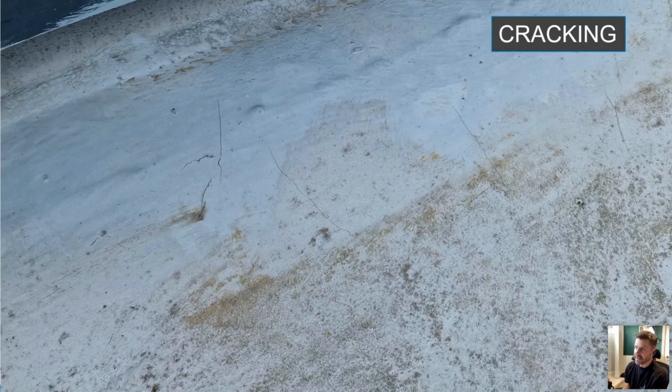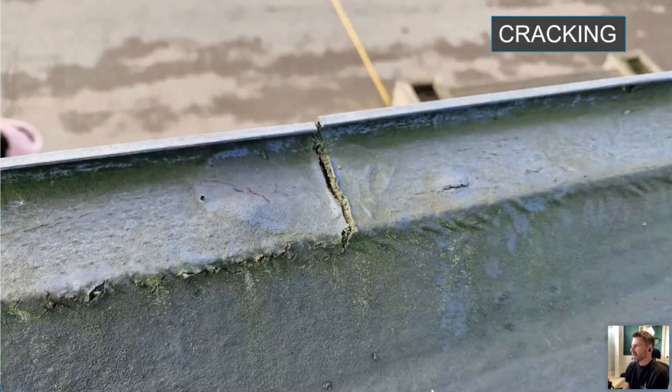It can also be down to lack of reinforcement, not enough reinforcement in this instance. So you can see here what's happened. This is a gap in a trim, or a joint in a trim.